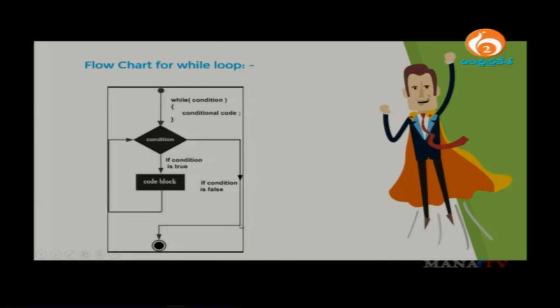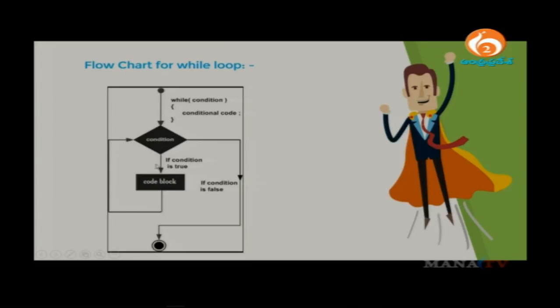For example, imagine the first time, the condition you have defined here is true. It checks the condition, it's true, so the block of code within that while block gets executed. As soon as it is executed, the control will not go directly to the end. It goes back to the place where your condition is defined.